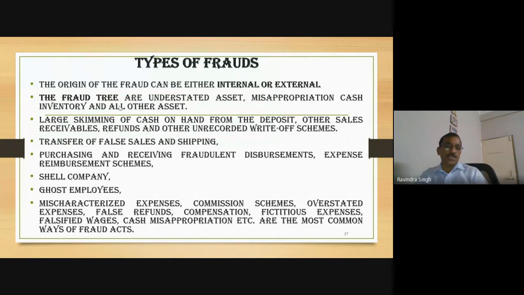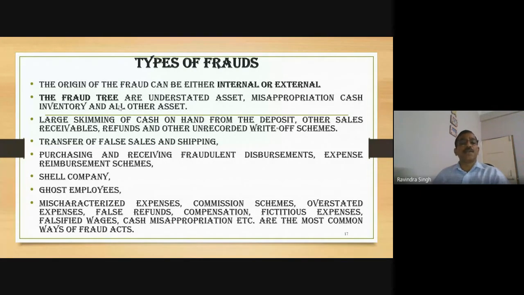Understated assets. जो ये fraud का पेड़ या tree farm होता है कि from bottom you find out one voucher, one bill, etc. And after growing, it forms the form of tree. So what are the middle ends, middle agency which form the tree? Understated assets means assets को कम करके दिखाना.